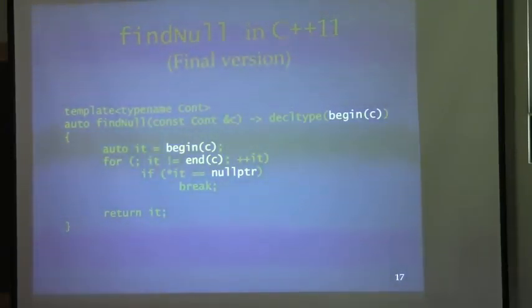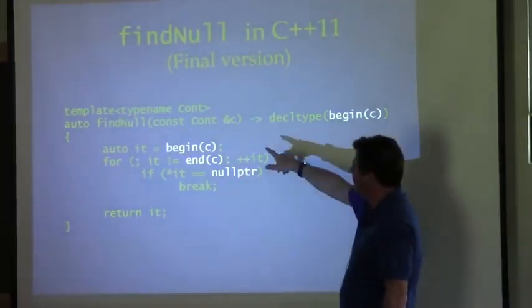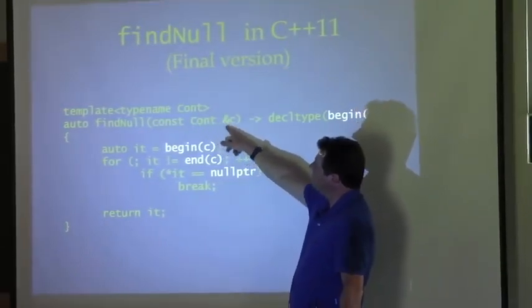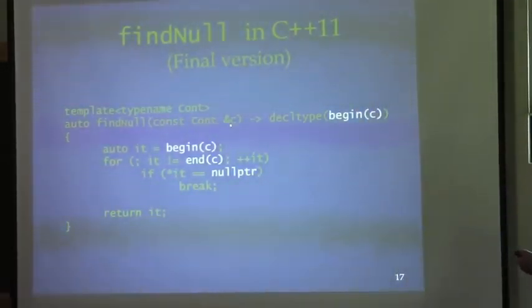Since it makes no sense to say iterator dot begin, it wouldn't make any sense to say begin open paren iterator. Is that what you meant? So, will find null work on a native array? Well, no, because this is declared as a reference to a const type.